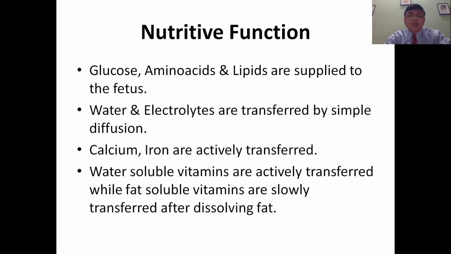Calcium and iron are actively transferred. Water-soluble vitamins are actively transferred, while fat-soluble vitamins are slowly transferred after dissolving in fat.